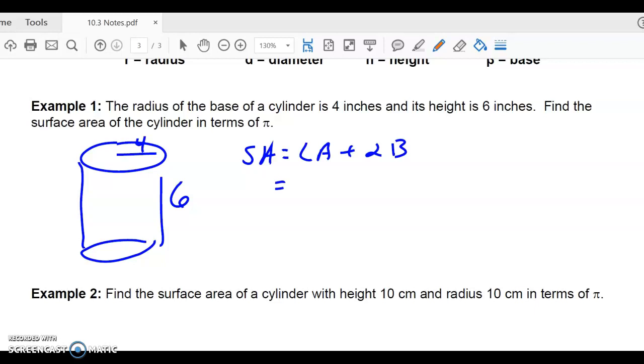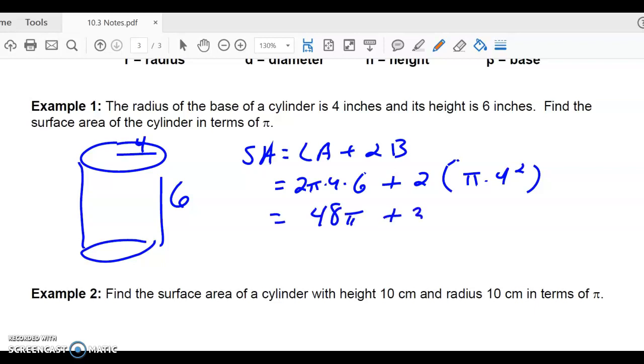The lateral area from above is the circumference, 2 pi r times the height, which is 6, plus 2 times the area of the bases, which is pi r squared. So we're going to get 48 pi for the lateral area, 32 pi for the area of both bases, for a grand total of 80 pi square inches.